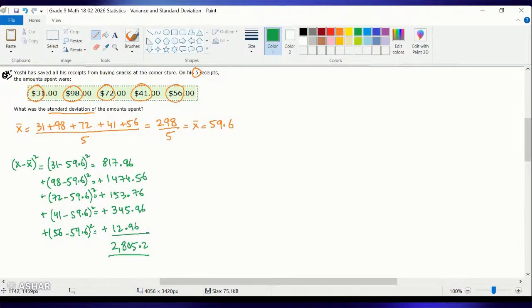Okay, and we know the formula for variance: variance would be x minus x bar whole square divided by n. 2805.2 divided by n, n was 5 because we put n equals 5 in the mean as well.